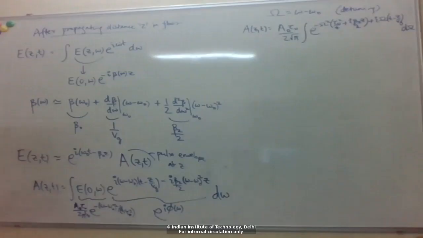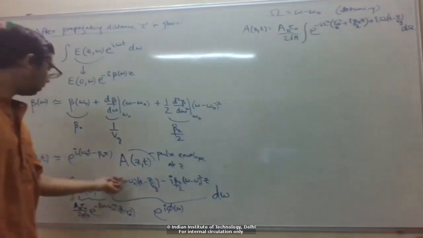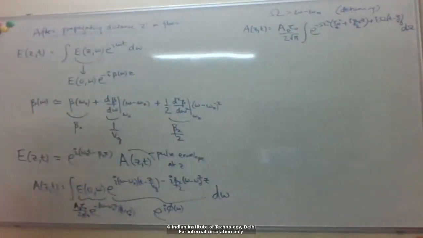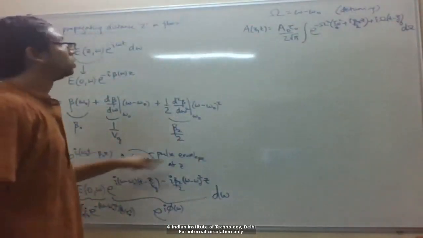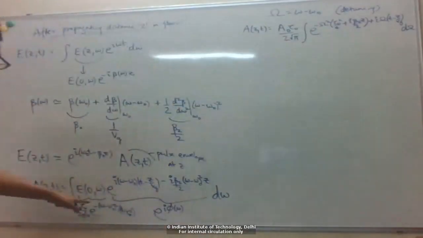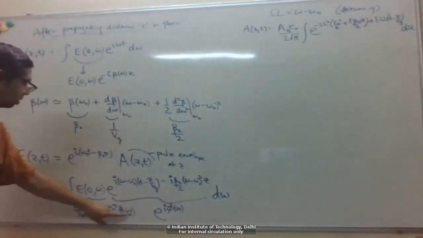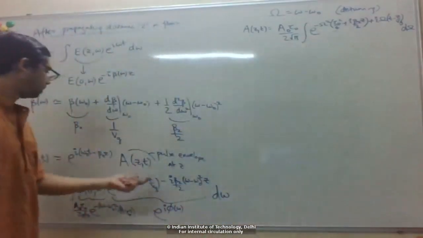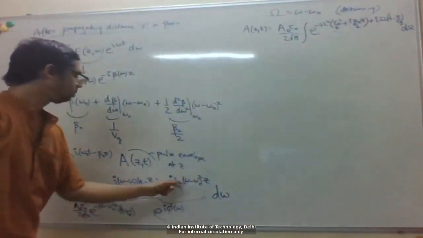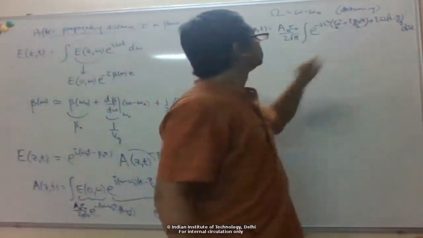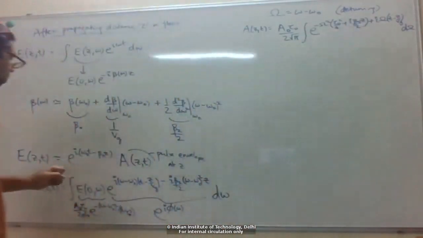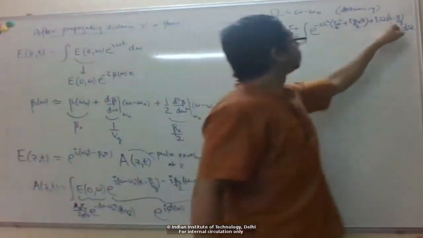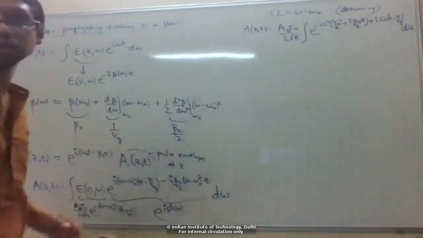Everywhere you had omega minus omega naught, we now have capital omega. And so terms proportional to omega square came from here, tau naught square over 4, and then from this GVD term here, beta 2 z, and the term proportional to omega comes from here, with t minus z over Vg.